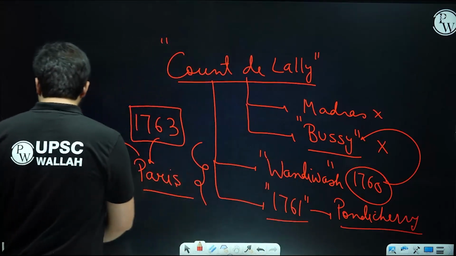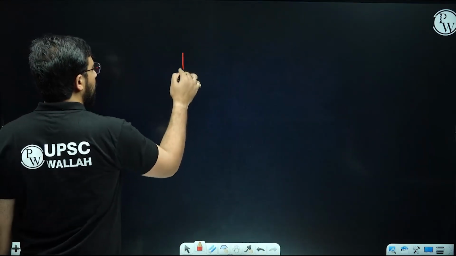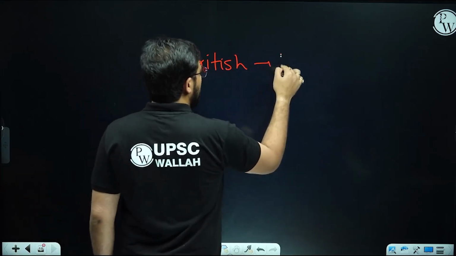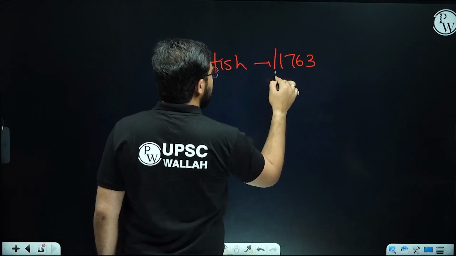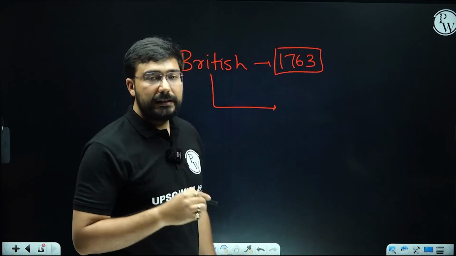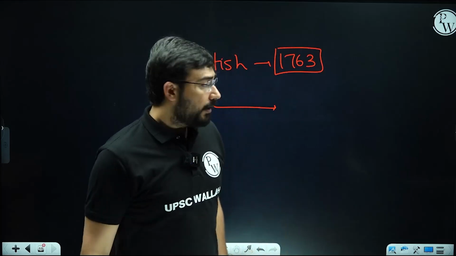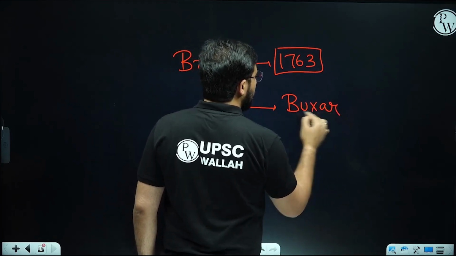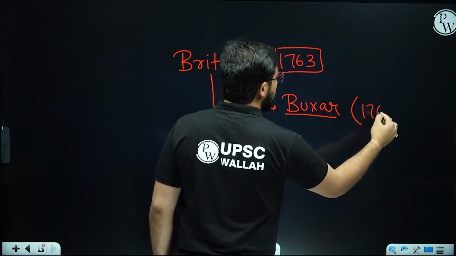After this, let me just give you a brief idea overall. The British were able to win among the Europeans by 1763. Then they started the process of capturing states in India in a meaningful manner. Bengal was completely taken down after the Battle of Buxar in 1764.